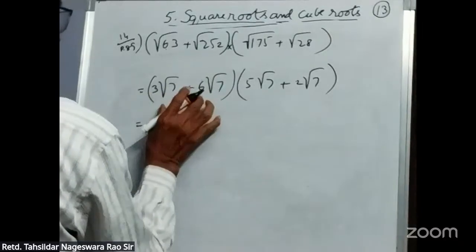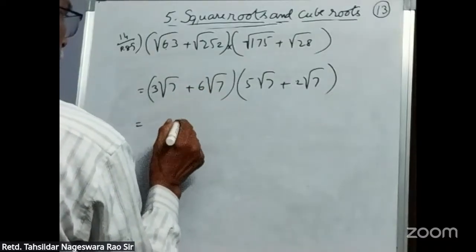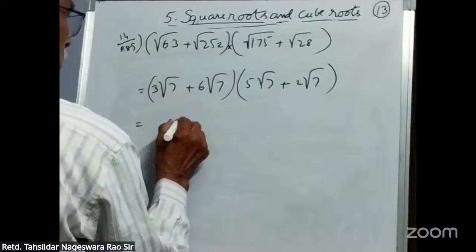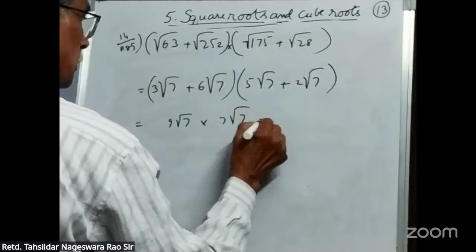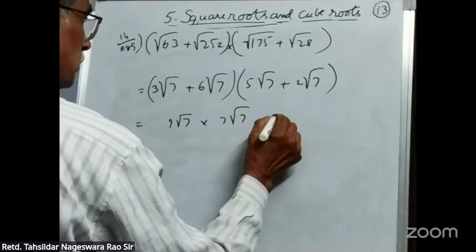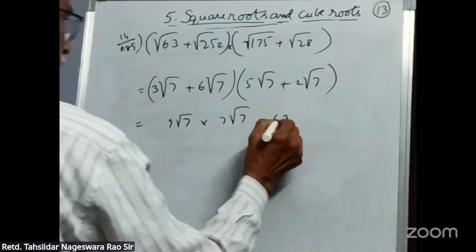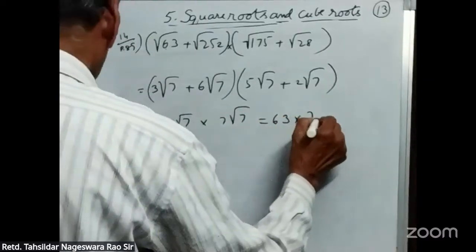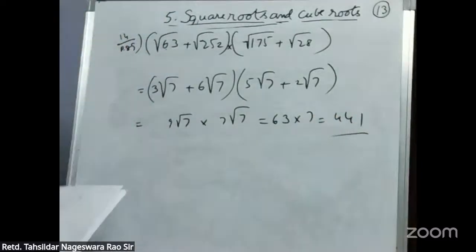We add all the root 7 terms. 9 root 7, 7 root 7 and so on, 63, and this one root 7, 7, 441. Answer.